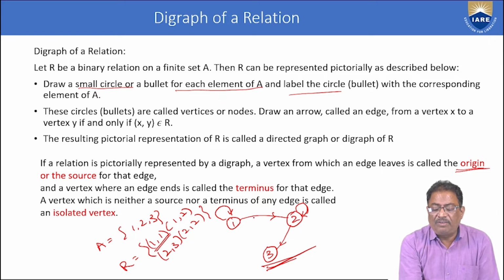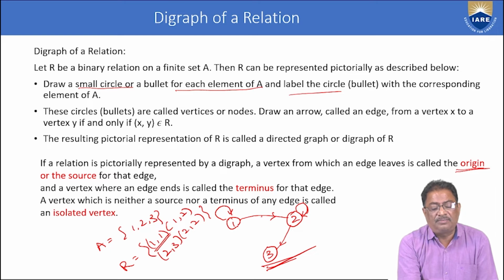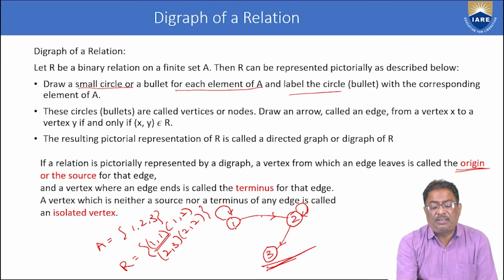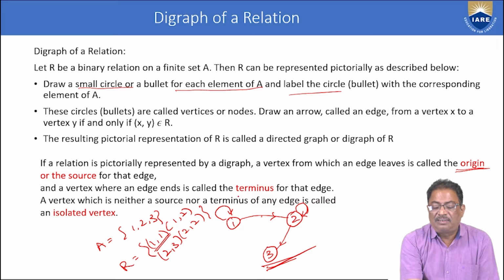This edge is leaving from 1, so the origin of this edge is 1, or source is equal to 1. Source is nothing but vertex 1. And where the edge ends, where it reaches, is called the terminus.